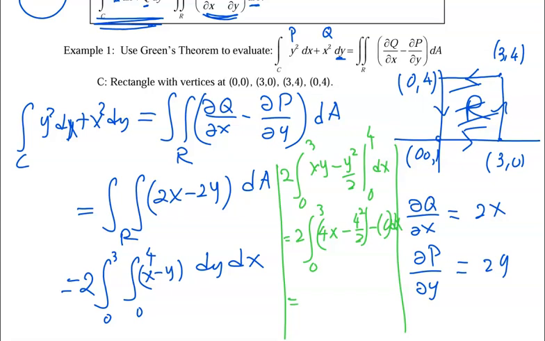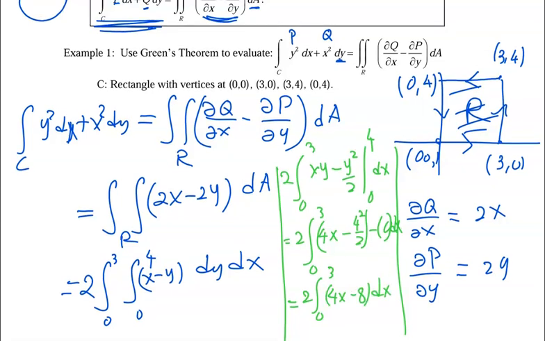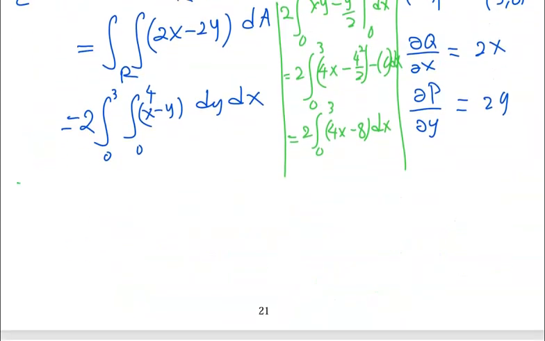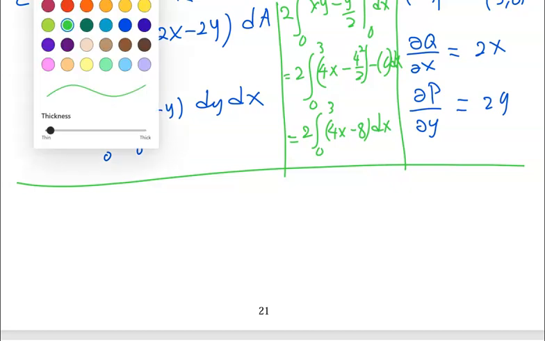So let's write that down and simplify a little bit. So 2 is there, from 0 to 3, of 4x minus 16 divided by 2, that's 8, dx. Okay, let's go to a different color, maybe brown this time.